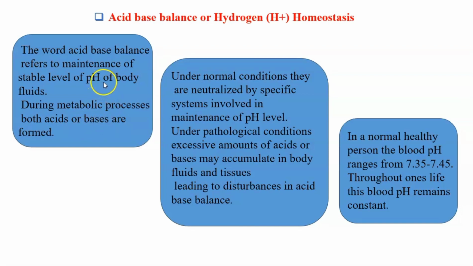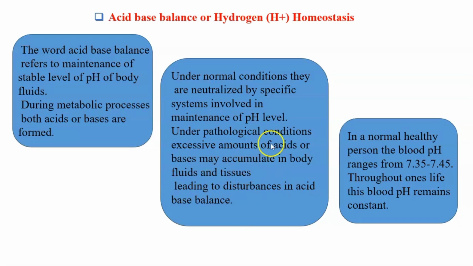Under normal conditions, if the person is healthy, they are constantly neutralized by a specific system in the body. As the acid and base are generated, in order not to harm the body, they are constantly neutralized. But under a pathological condition, in a disease state, an excessive amount of this acid or base will accumulate in the body fluid and in the tissue.